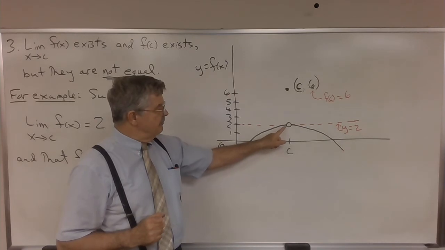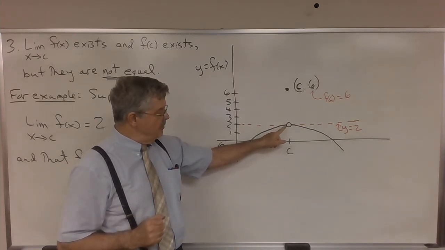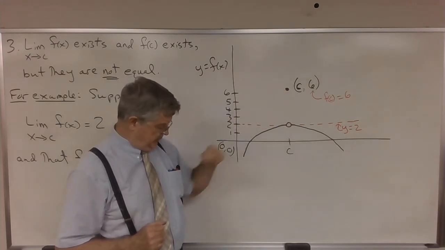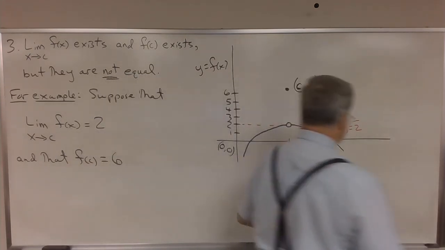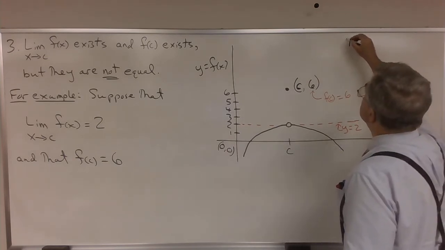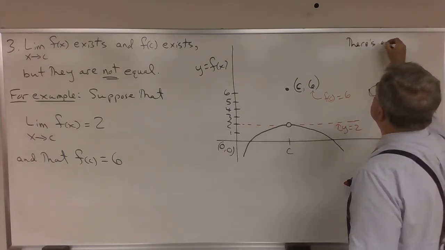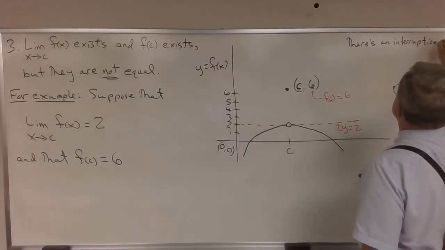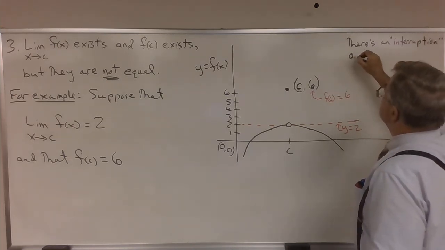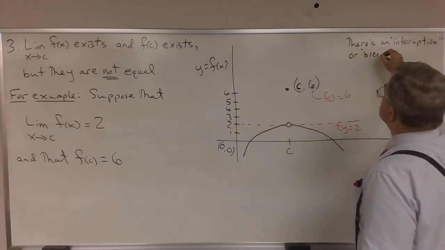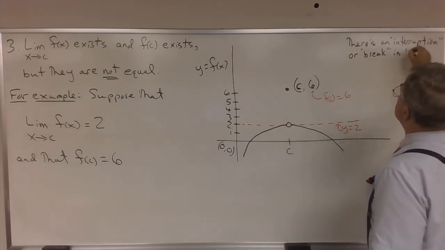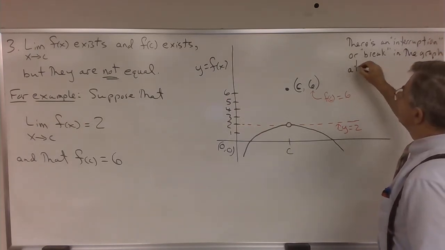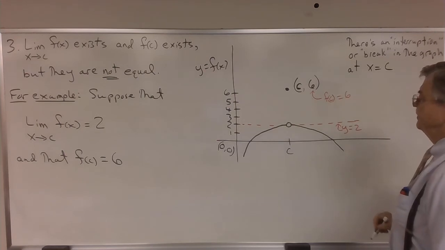The graph jumps from y equals 2 to y equals 6. So there's an interruption or break in the graph at x equals c.